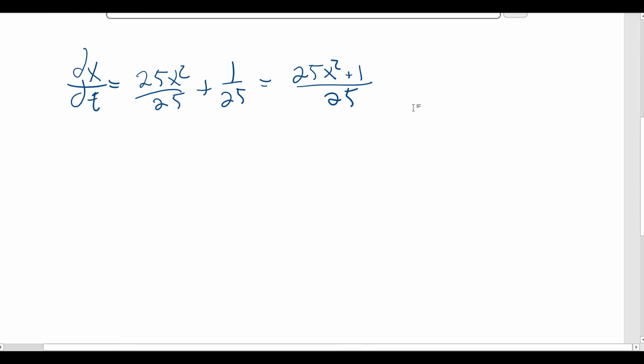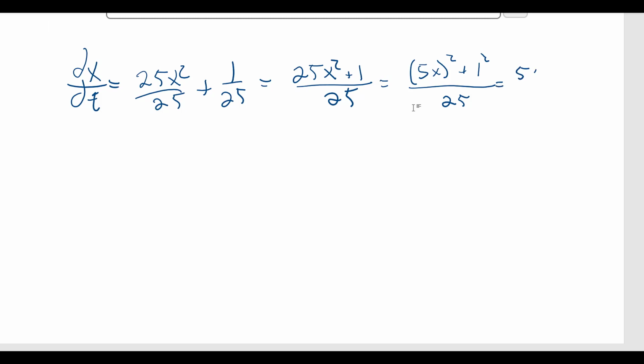There's some intuition involved here. For example, I can see where this might be going, (5x) quantity squared plus 1, squared, and how that's going to be in the denominator. When I do that, I might think of this instead as ((5x) squared plus 1) over 5 times 1 over 5.